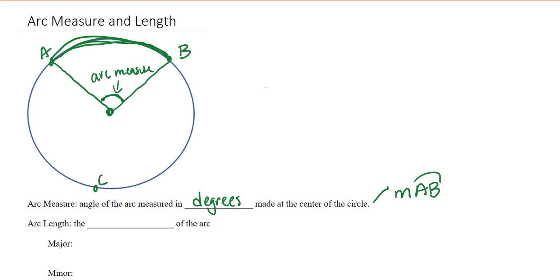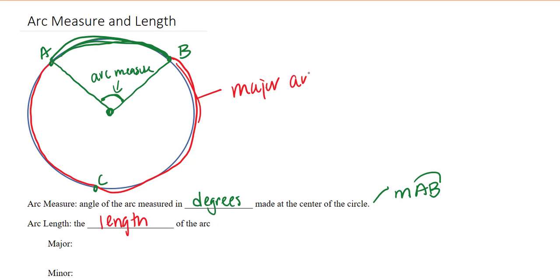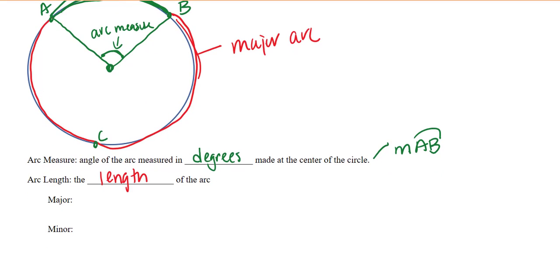Now, arc length is the length of the arc. So if we were talking about the arc of AB, there's two ways to get from A to B, right? We can go the top, or we can go all the way on the bottom. And this bottom is actually considered our major arc because it's just bigger, right?